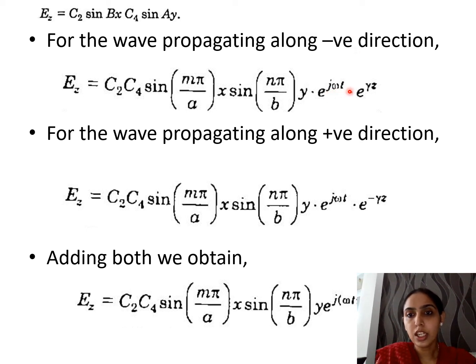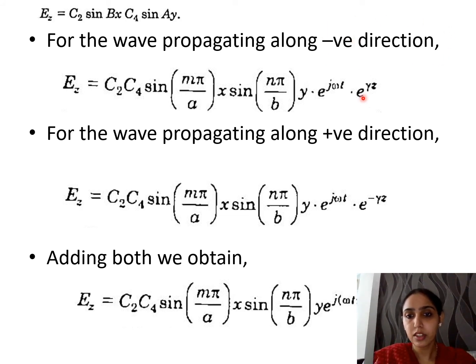If both the constants, that is the time axis and z axis, both are having the same sign, it indicates that the wave is propagating along the negative direction. If both are of opposite signs, that is the time and z axis have opposite signs, it is indicating that the wave is propagating along the positive direction. So here we consider the wave propagating in both positive and negative directions, and when we add both, we obtain the equation as such.